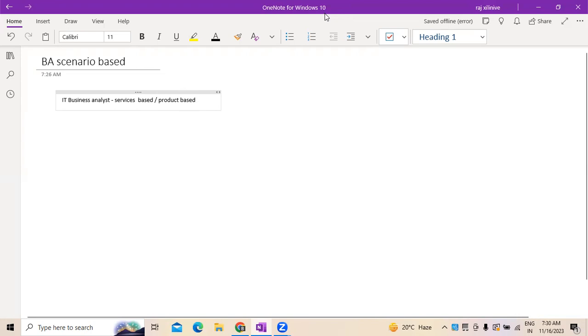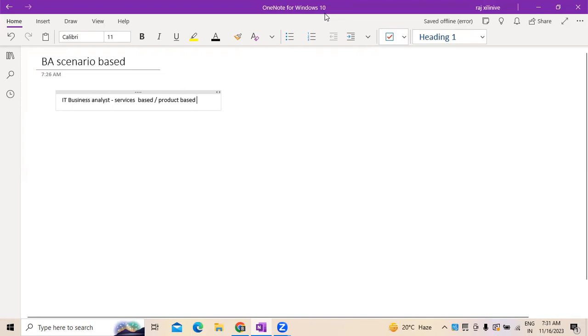Whatever solutions they provide are completely related to that particular customer only. They provide services only for that customer. This is all service-based: they deal with that client, and whatever business problem they have, they provide solutions accordingly.